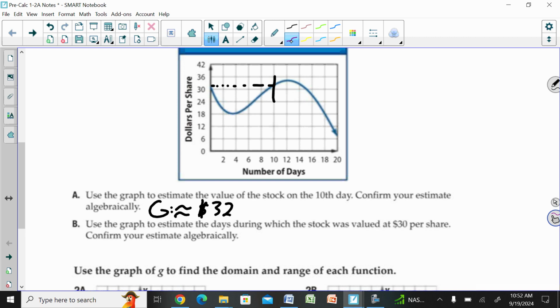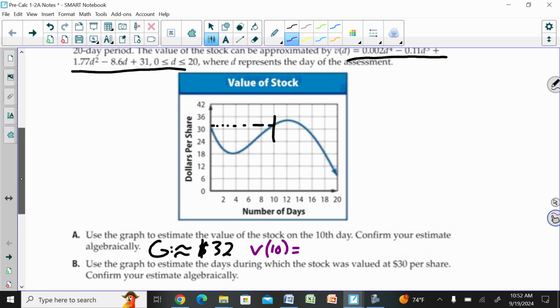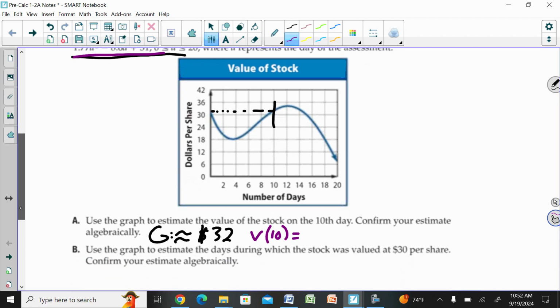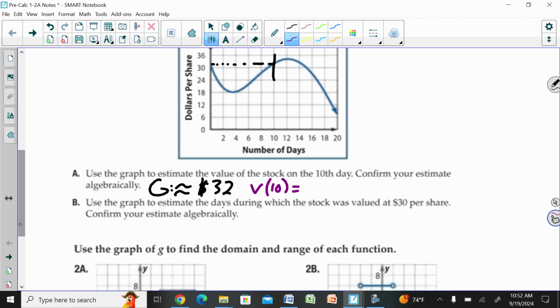We want the value, so let's call it V at the 10th day, and then we can plug in. We take that function up here, plug it in, and for D we plug in 10. That's how we would confirm it algebraically.